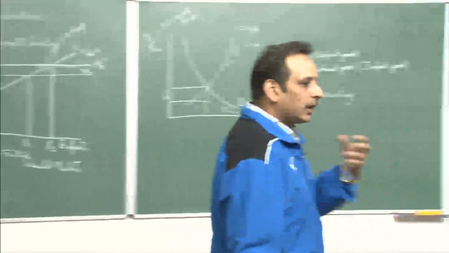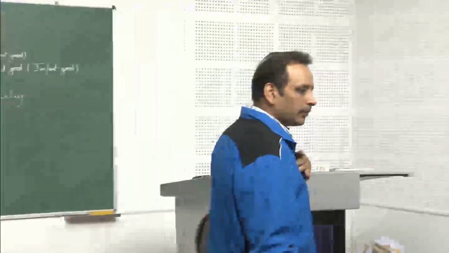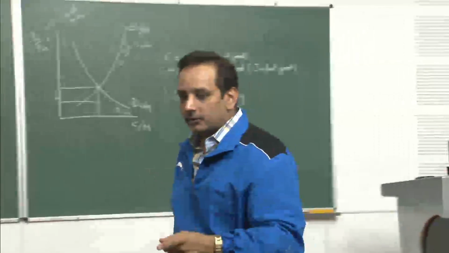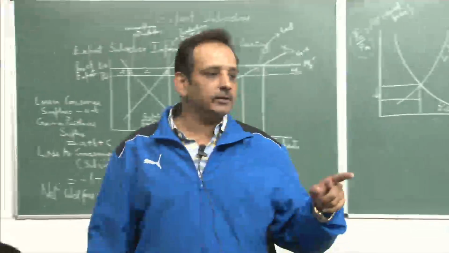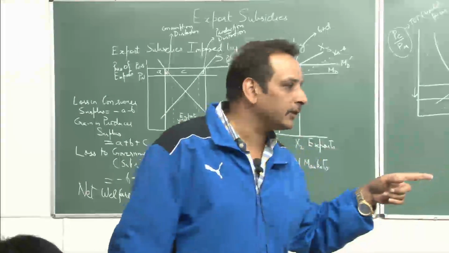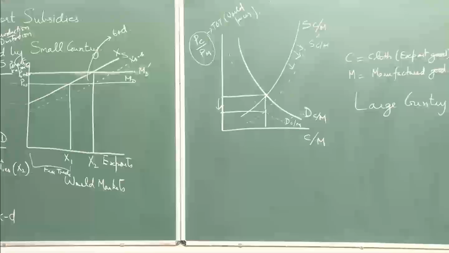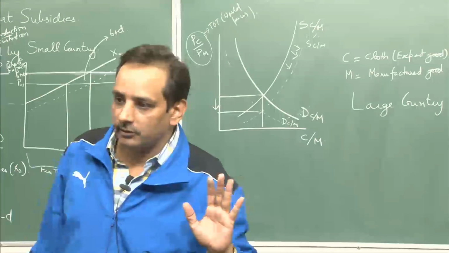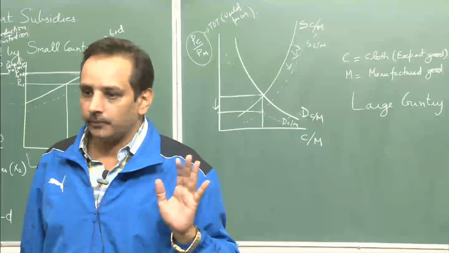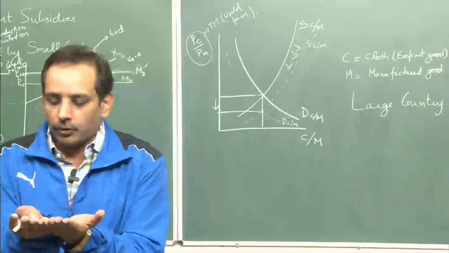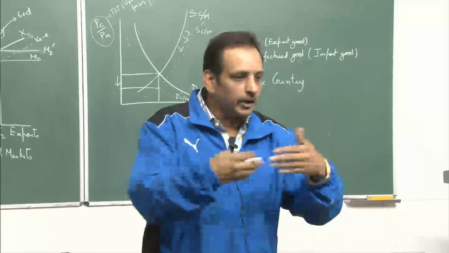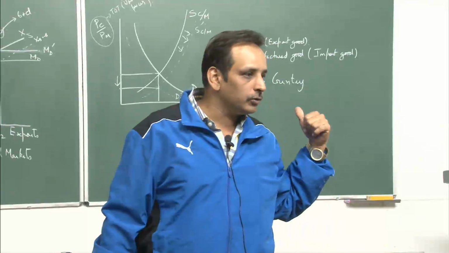So the losers are the developing countries like us, but the gainers are the small Caribbean nations and the African nations, because at the end if the world prices go down, the net food importers are the ones who will gain.